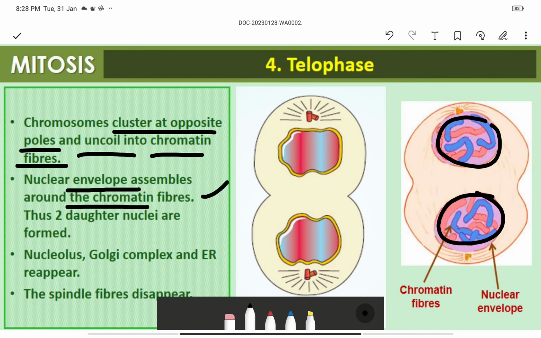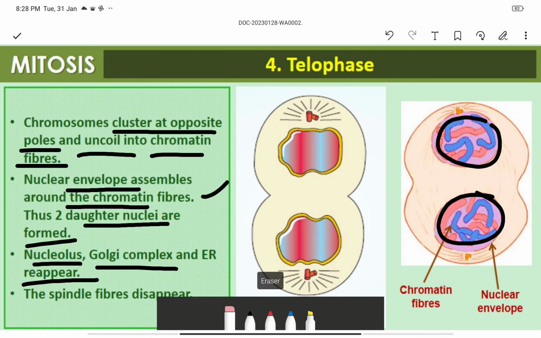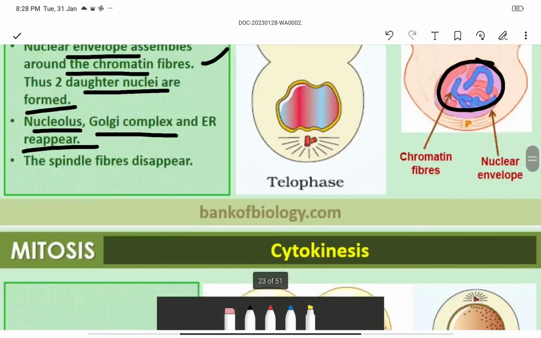That's the reason daughter nuclei are formed. Two nuclei are there in the cell. Now the nucleolus, Golgi complex and endoplasmic reticulum will reappear. The spindle fibers disappear in this phase, in the telophase, right?